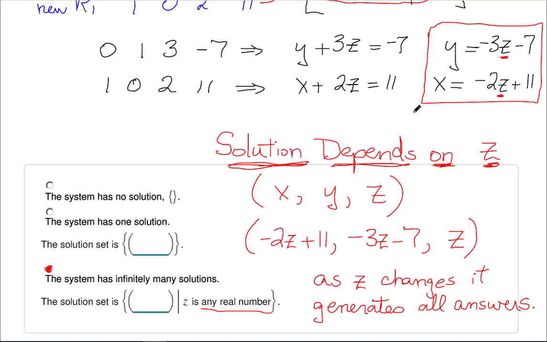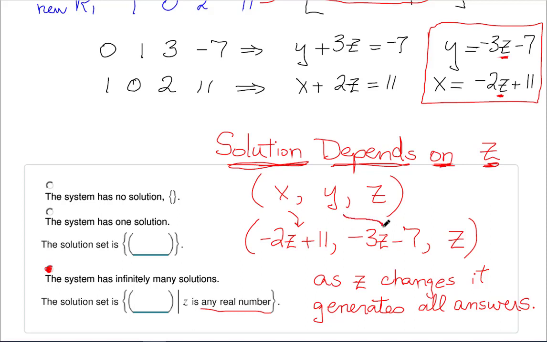So my x and y depend on z. So my answer is supposed to be a point, but I have an infinite number of them, so I need a way to generate them all. So I simply write down what I know about x. It's minus 2z plus 11.